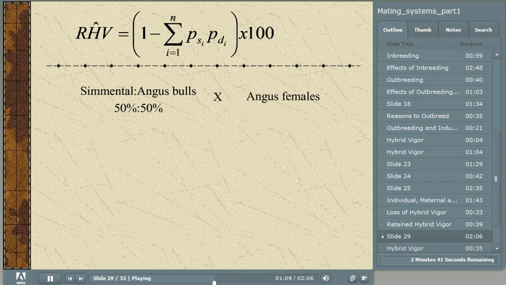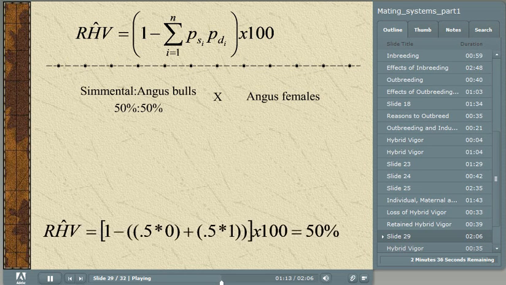So if we use this example to actually illustrate how we calculate this, the calculation says the first term in brackets, the 0.5 times 0, says the proportion of Simmental in the bulls is 50%, but there's none in the females. Okay, so that's the first term, the product of the breed proportions in the sire and the dam, plus the second term, which represents Angus.